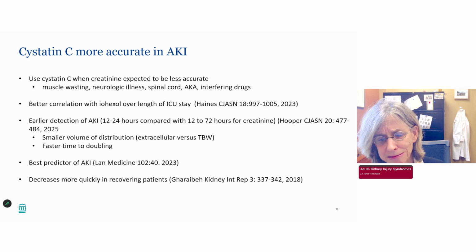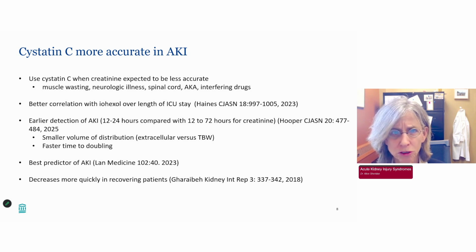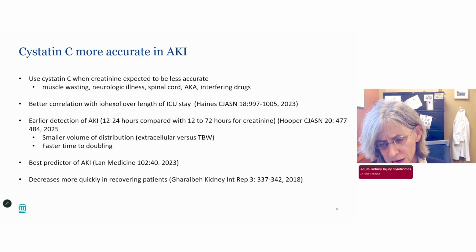Cystatin C is less well dialysable. It is a much larger molecule than creatinine, and the percentage reduction is less. Not that much, maybe 40% versus 60%. However, because of, again, the small volume, it rebounds far more quickly.